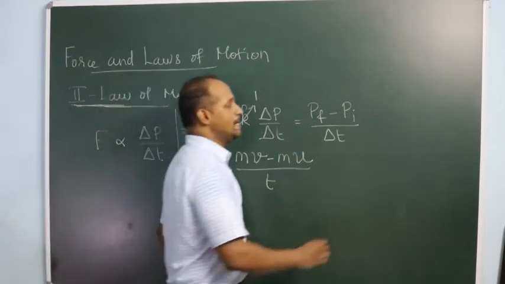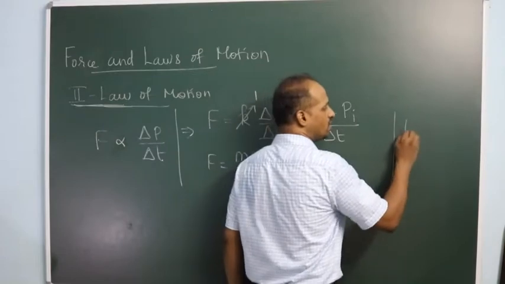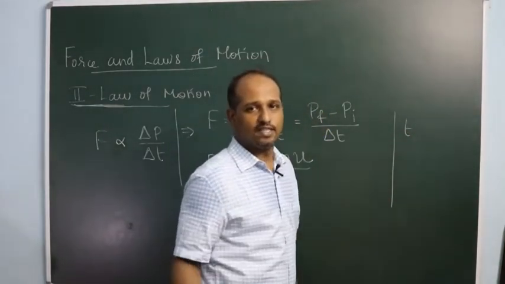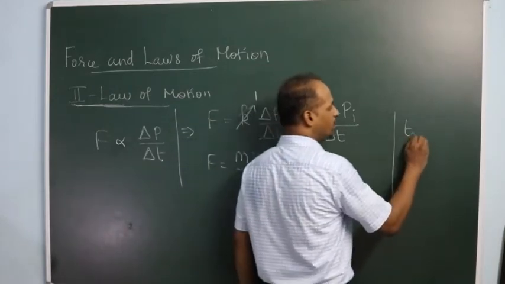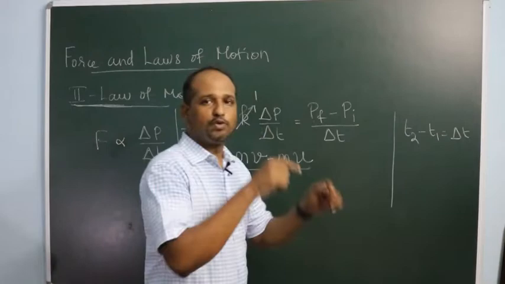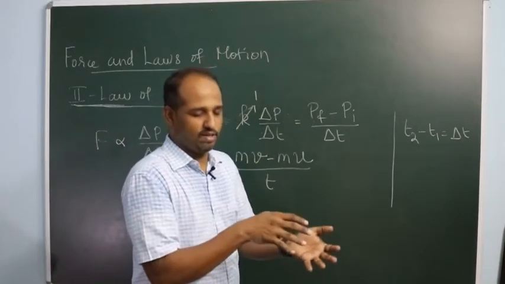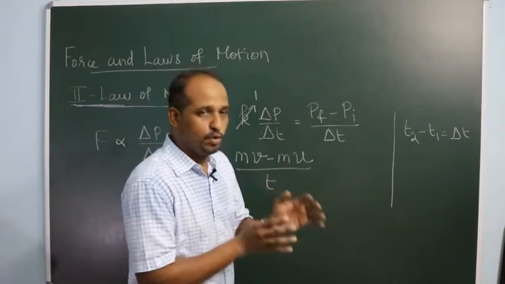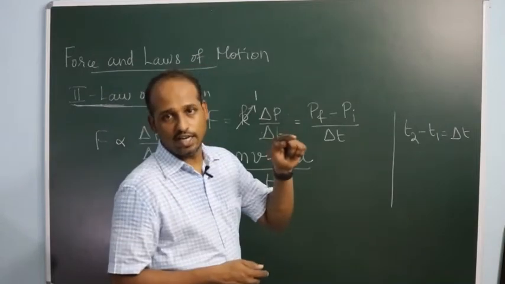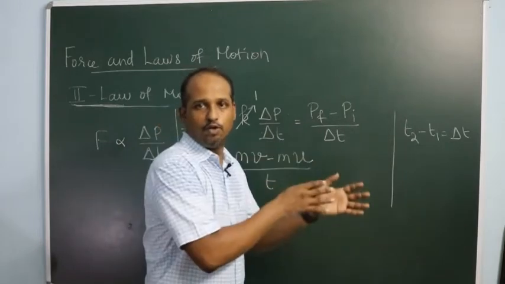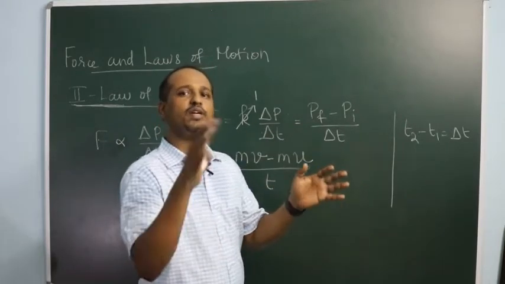What is the difference? Suppose you use your watch, and the time goes from 6:15 to 6:30. What is the time taken? 6:30 minus 6:15. So t2 minus t1 is delta t. Sometimes if you use a stop clock, and the initial time was 0, after some 15 minutes the time shows 15 minutes. t2 minus 0, 15 minutes minus 0, is 15 minutes.